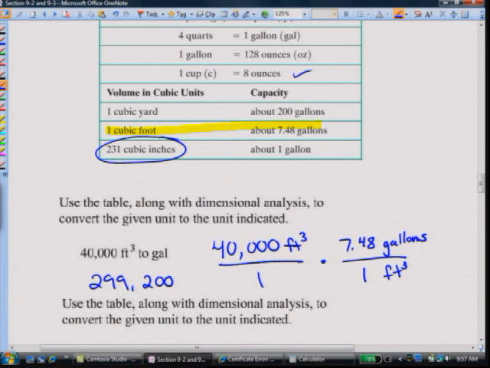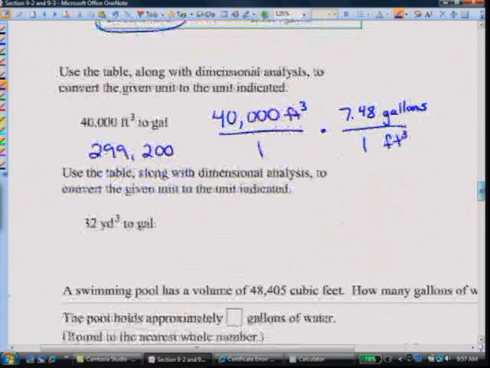The easiest way to do that would be to measure the length and the width, and then go down, depending on how deep it is. Most pools are probably on average about 8 feet deep, and you can do a calculation. But this is a lot of gallons. A home pool you can expect to be between 20 and 40,000 gallons. So if that's a pool, that's a big one. You're going to be spending some cash on chlorine.